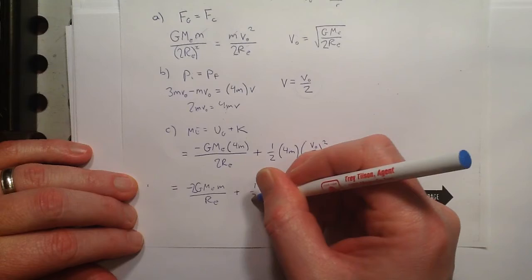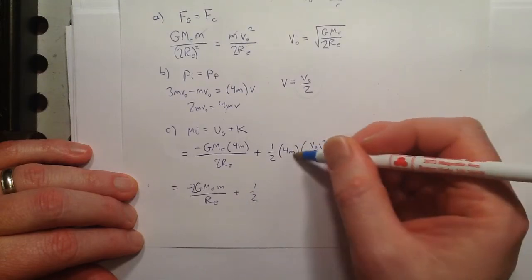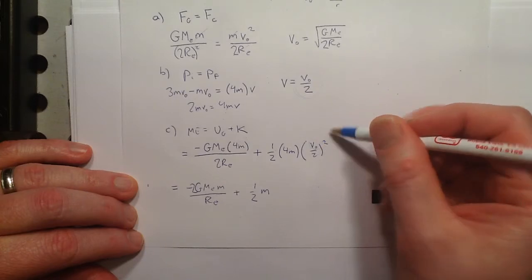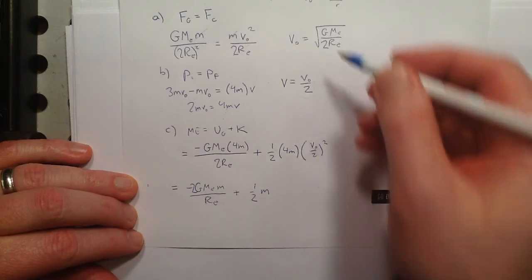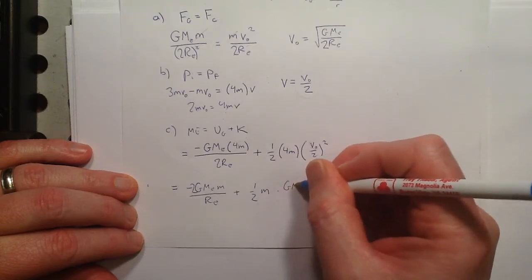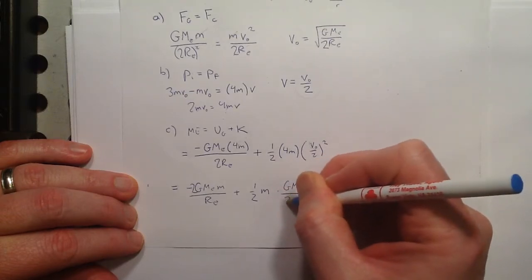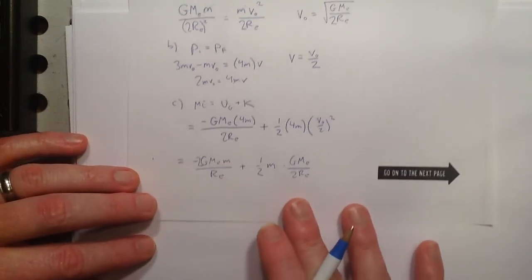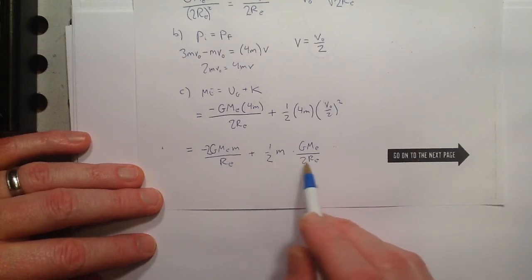I'll have a 1/2, and then I have an m, and then I have my v sub 0 squared, which is this, without the square root sign, times G M_E over 2R_E. So I have this over 4, and then I have 2 of these.